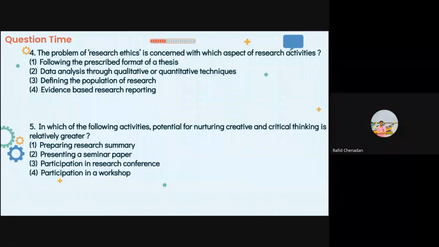But when it comes to evidence-based reporting, research ethics is important because you have to be true to your evidence. There is an ethical commitment towards your evidence. For example, there are medicine experiments, if you're familiar with that.